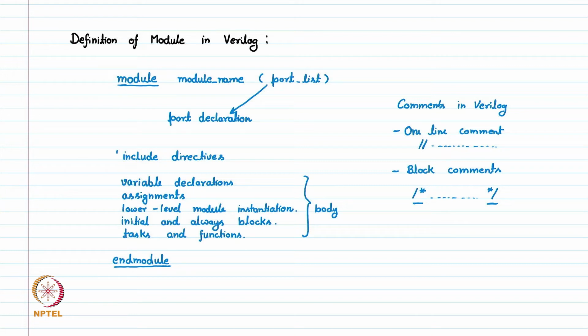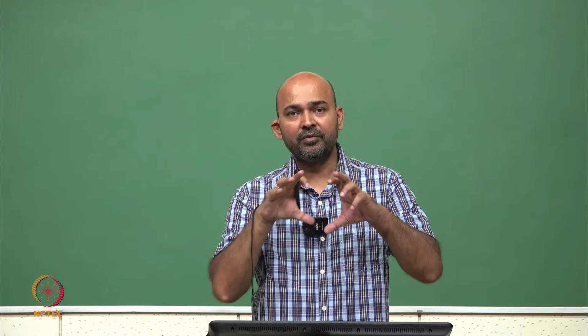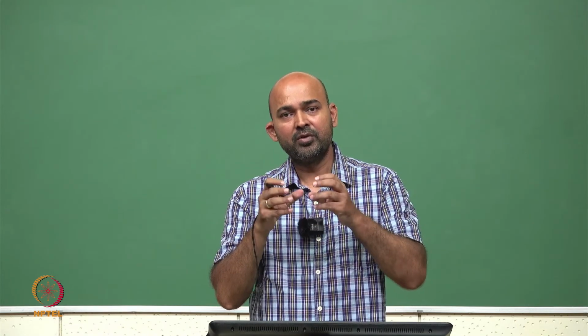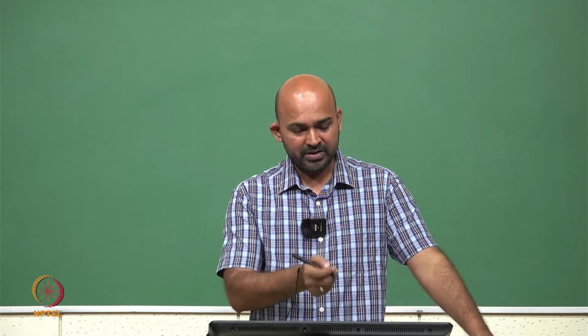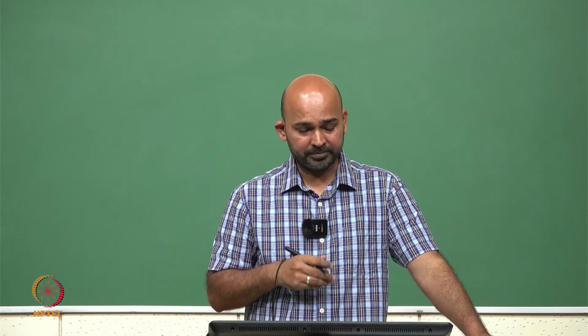So those lower level modules we can instantiate in our bigger module using this body segment. We do initial and always block, and tasks and functions we can include. Whenever we want to close it, we write endmodule. So Verilog knows that from module to endmodule, this is one block made up for one entity, which is named as module_name.